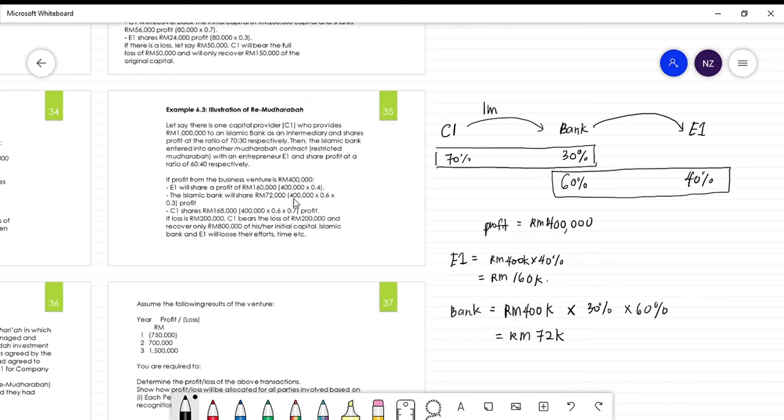The way it is calculated is we take the overall profit 400K times 0.6, which is this one, 60% here, and then times 0.3, which is this one, 30% here. So that is how you calculate the Islamic Bank's profit.